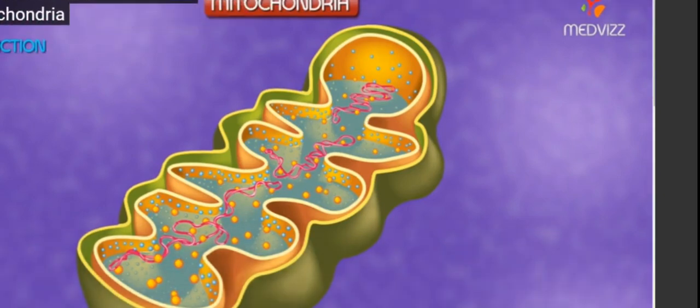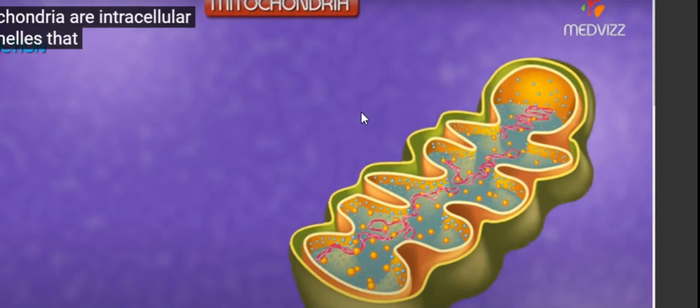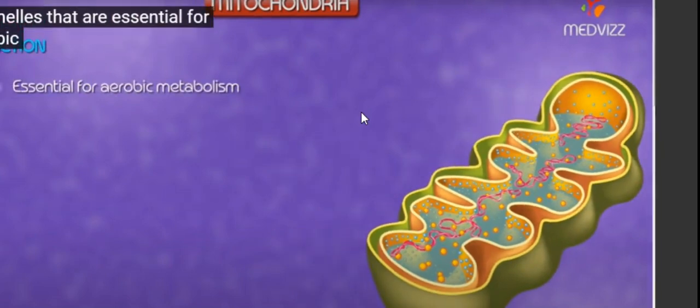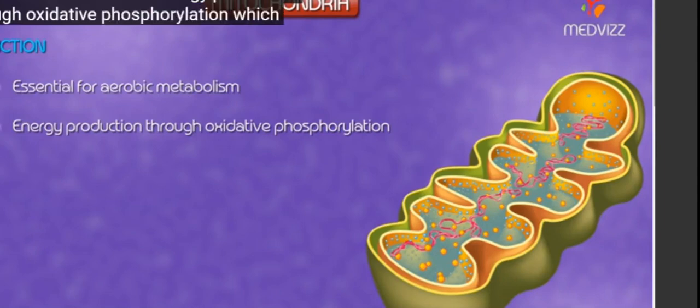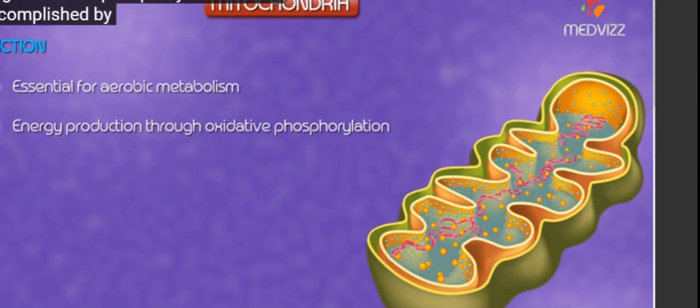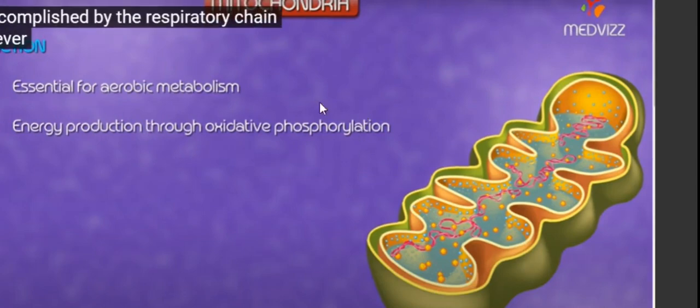Function of mitochondria: mitochondria are intracellular organelles that are essential for aerobic metabolism and energy production through oxidative phosphorylation by the respiratory chain. They are most important for aerobic metabolism, in which oxygen is utilized.